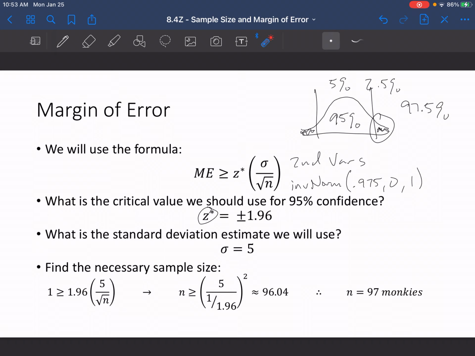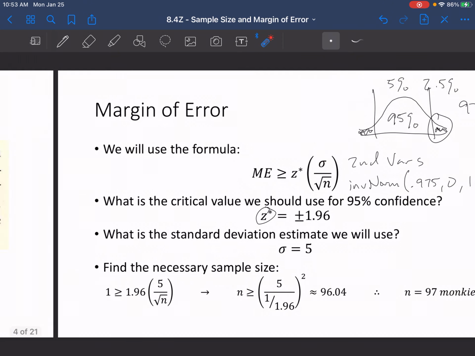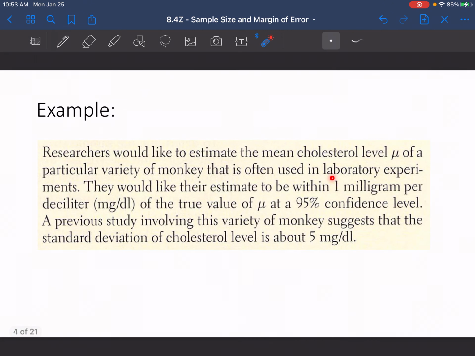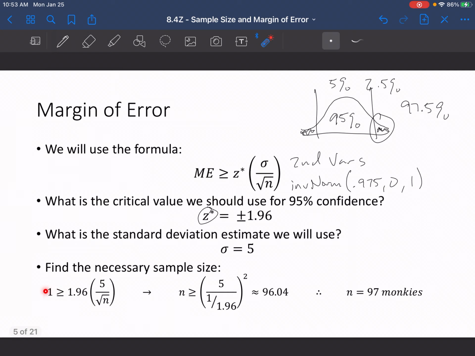From there, we literally just solve. We know that 1.96 represents the z, 5 represents our standard deviation, and our margin of error needs to be 1. So we plug in 1 is greater than or equal to 1.96 times 5 divided by the square root of n, and we solve for n.